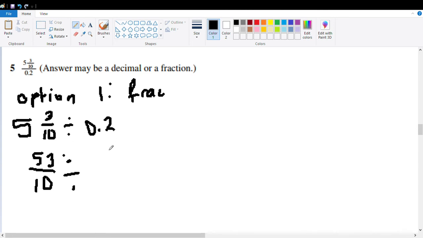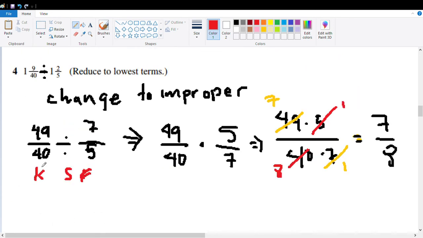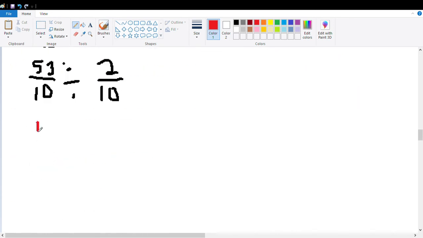And 0.2 in fraction is 2 over, how many zeros are in the bottom part? 1. So it's going to be 1 0 here. So it's going to be 2 over 10. Now what do you do? Well, we did it beforehand. We're going to do some keep, switch, flip.